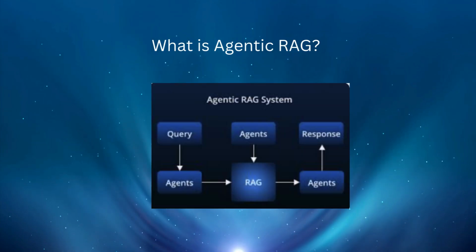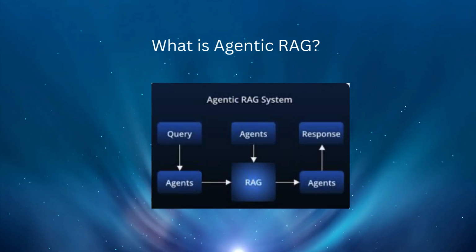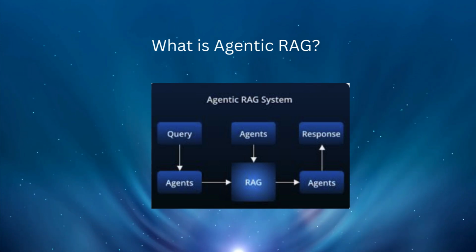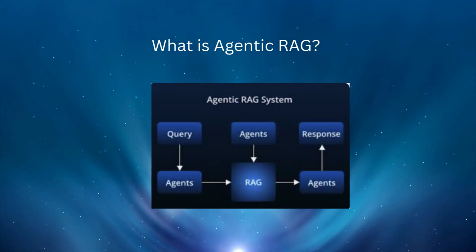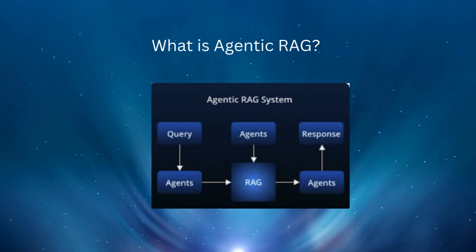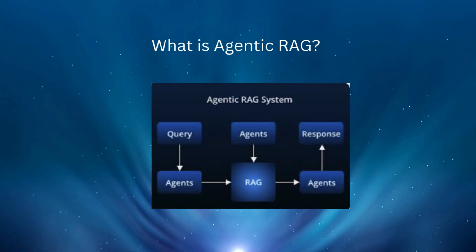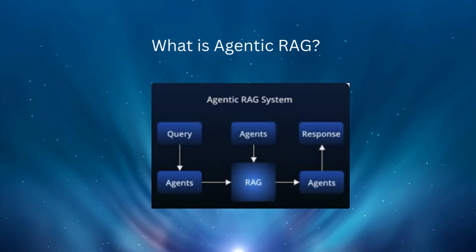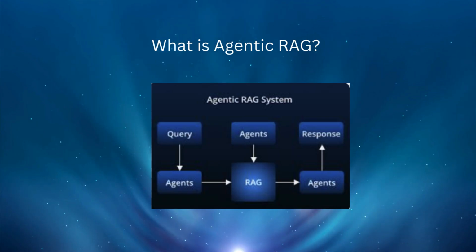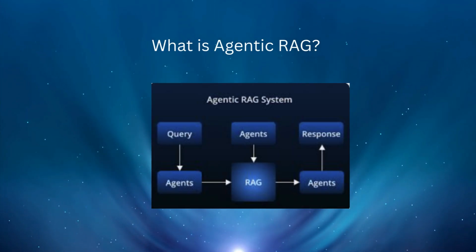So agentic RAG is nothing but RAG plus reasoning and decision making. It does two additional steps compared to RAG. It does not just open the textbook for answering your queries. It does two extra steps called reasoning and decision making.